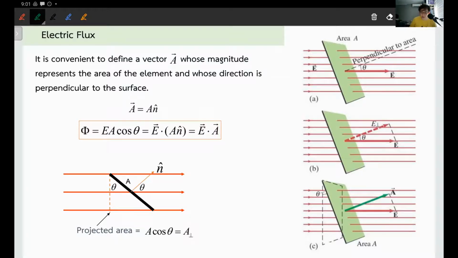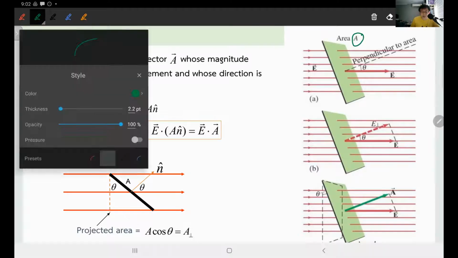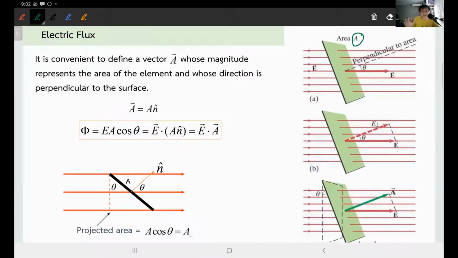So look on the right. Let me redo the whole thing that we have been doing one more time. Look now, the green surface having the area A. The electric field points horizontally, that's no big deal. But then what we are about to do is define a vector of this area. That means I have to draw the vector that points perpendicular to it.